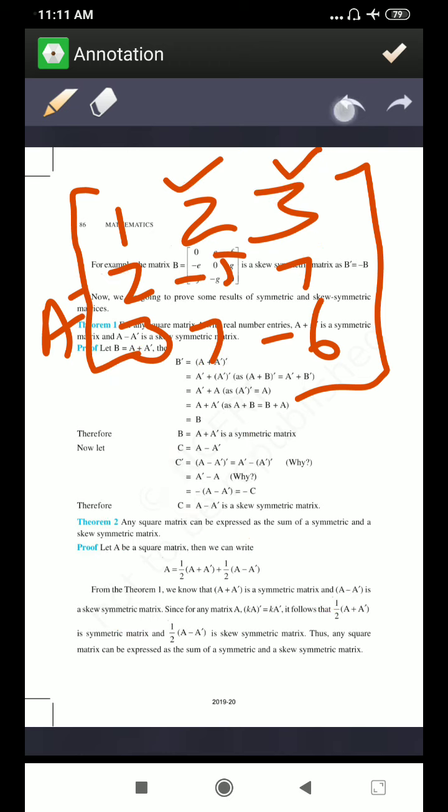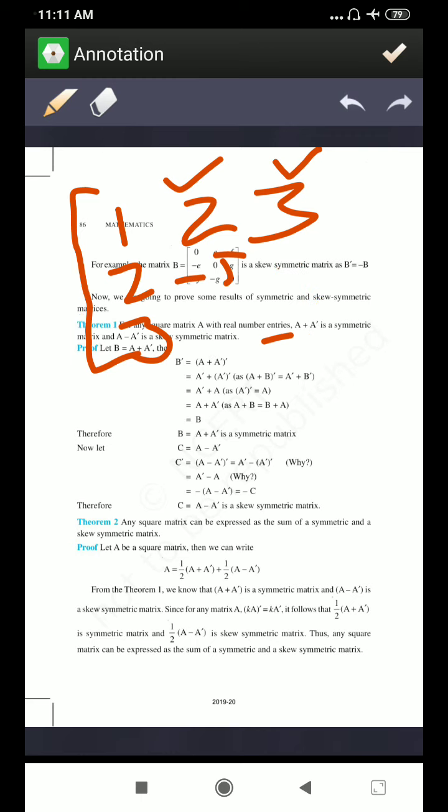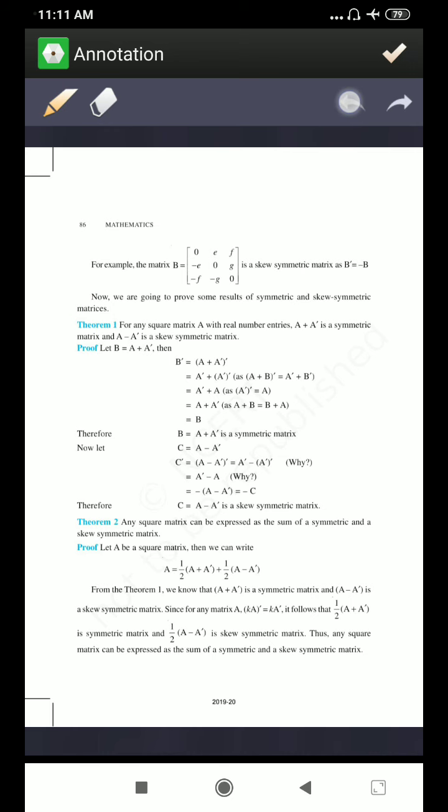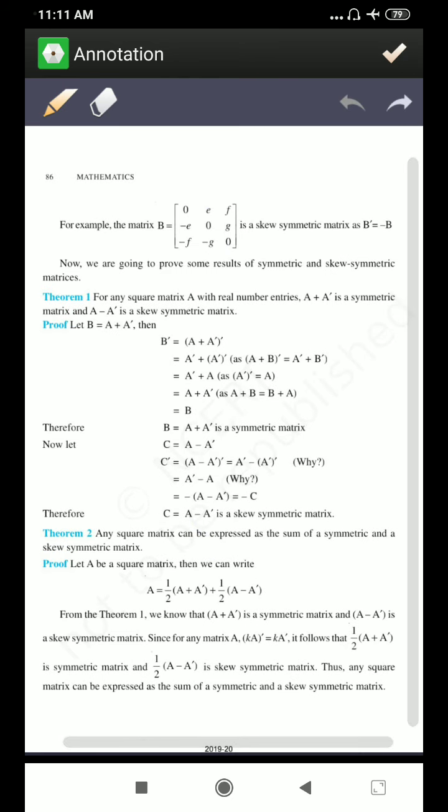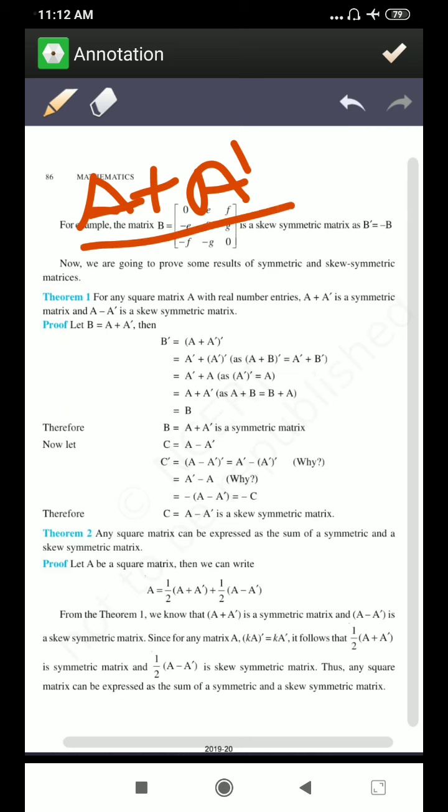Now next thing. Theorem 1: suppose A is any matrix that is given, then we can prove that A plus A transpose will always be a symmetric matrix. Suppose you want to get a symmetric matrix, any matrix is given, we add its transpose to it, and whatever you get will be the symmetric matrix. So the sum of a matrix and its transpose is always symmetric, that we'll prove.